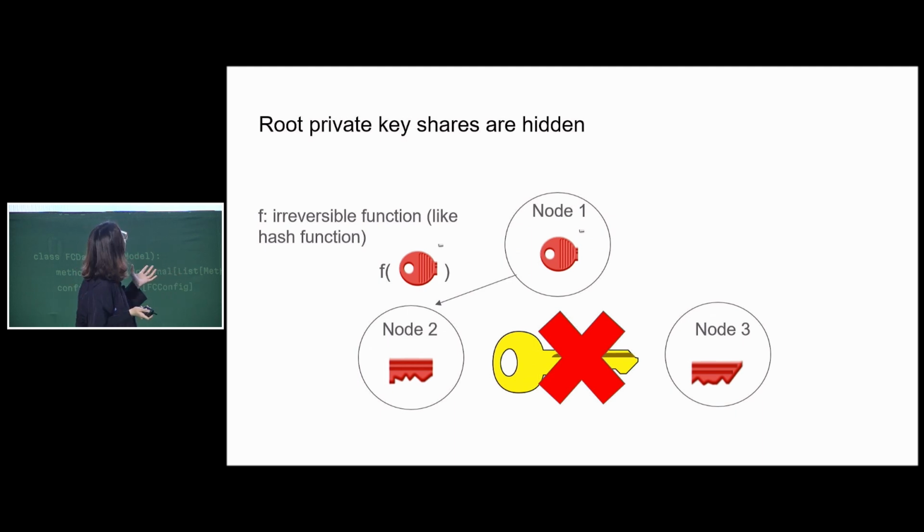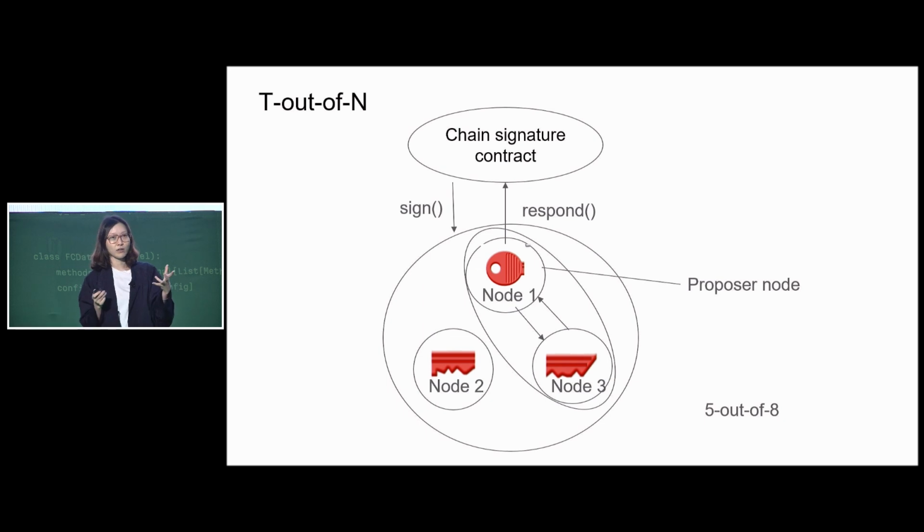The last thing I want to mention about our system is we can actually guarantee a very high uptime. The reason why we can do it is we are employing this T out of N signing. For example, on our production mainnet, we now have 8 nodes that are talking with the contract.